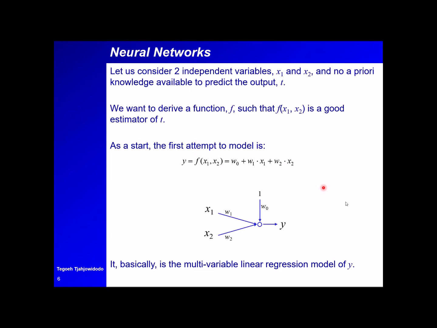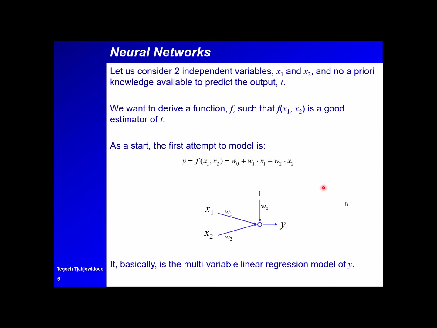Just like what we have already discussed in the previous slide, now you have a three-dimensional problem. In the regression, you will have a plane as your regression function instead of a line. So you have a set of data x1, x2, and the output is t.